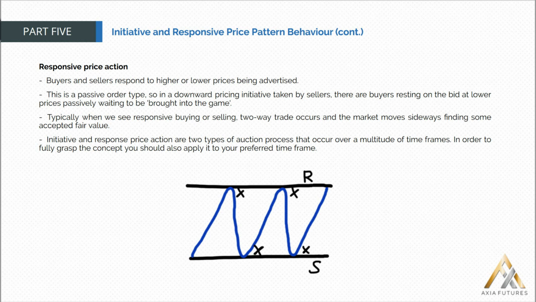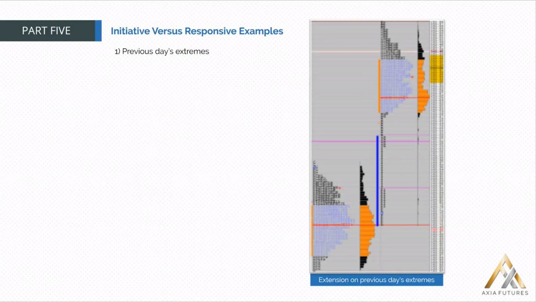You can utilize the concept of initiative versus responsive on any given time frame. The important thing to do is start taking this very important principle and start applying it to some of your thinking when you are looking at the markets. You do that, and suddenly you're going to start looking at the markets very, very differently.